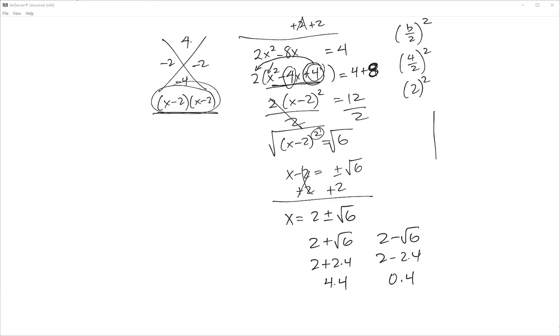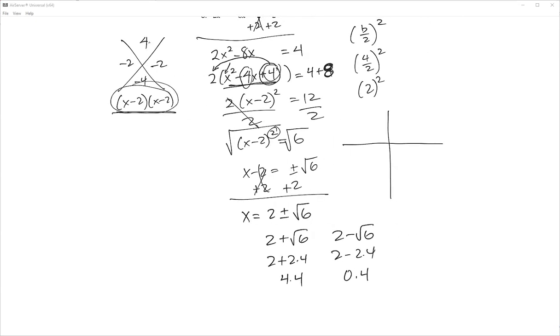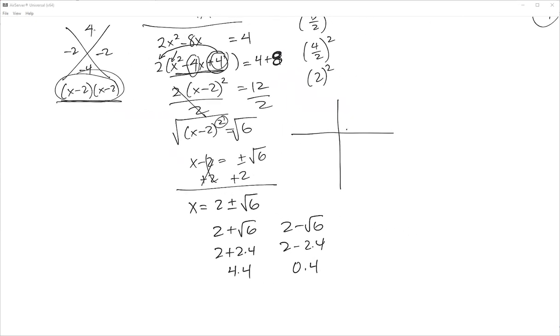And then if you graph this, it is 1, 2, 3, 4, 5. 4.4 is right here. And then here's negative 1, so negative 0.4 will be right here. All right. Again, so you're just graphing the x-intercepts. Cool.